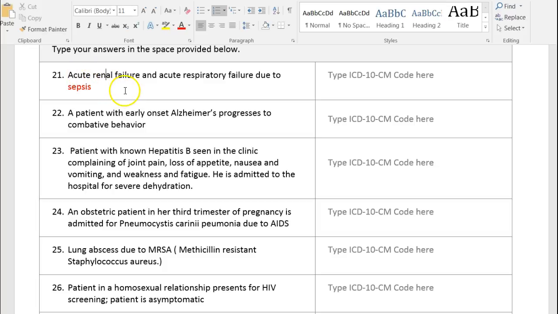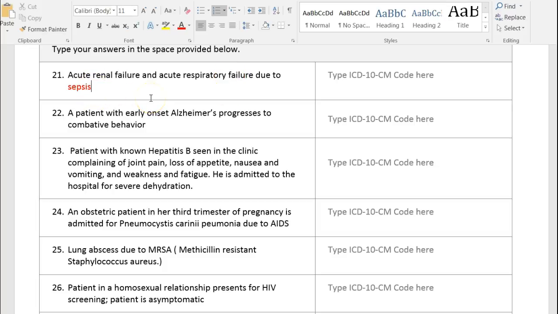And for those of you who are not aware of what renal failure is, it's the kidney losing its ability to filter the blood and cause elimination of toxins from the blood. So sepsis is basically toxemia or blood toxicity, and then the kidneys are affected because the patient's toxicity has caused the kidneys and the respiratory system to fail.